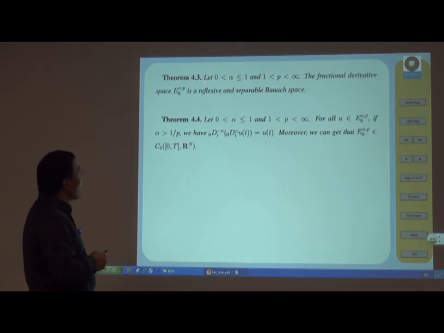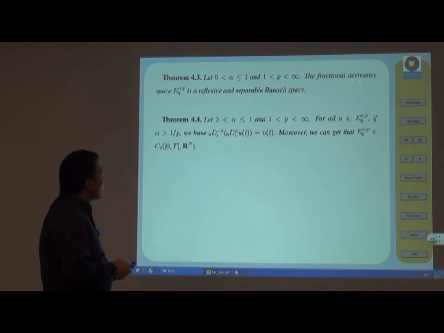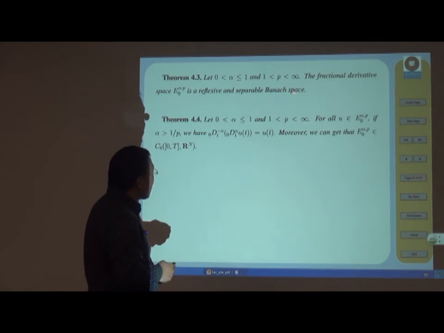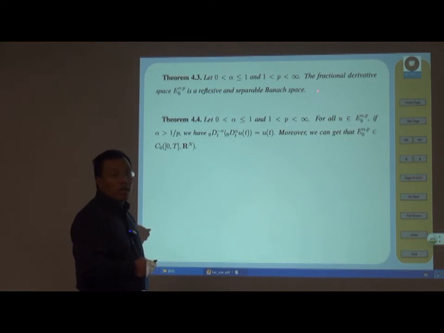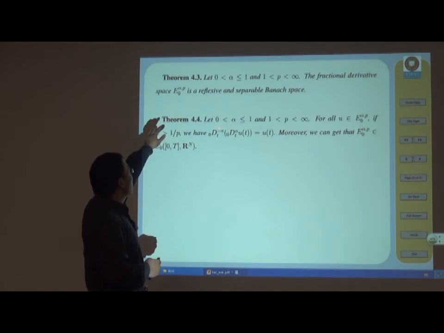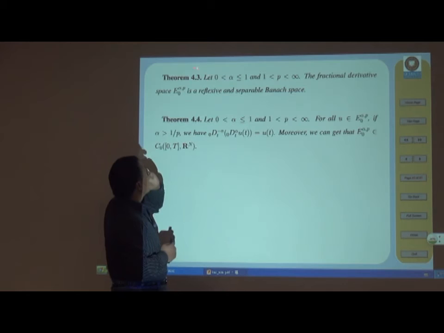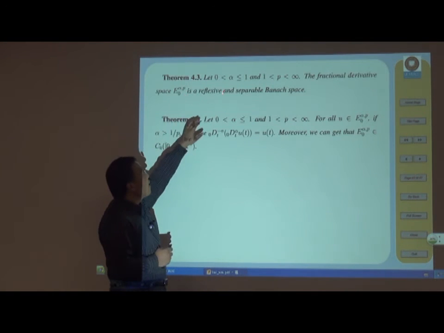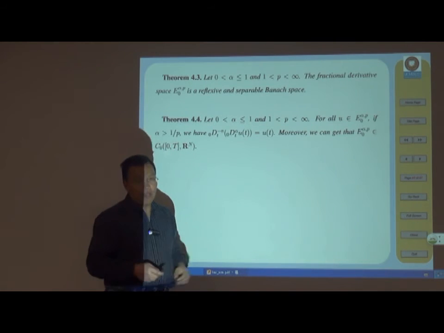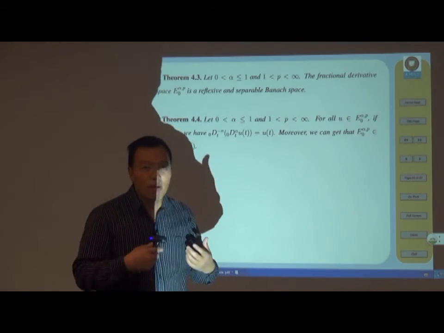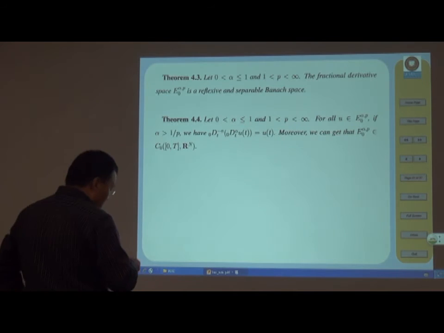Theorem 4.3: if alpha is as this, P as this, then the fractional derivative space is a reflexive and separable Banach space. You just need to know that this space we construct is a good space and has good properties.